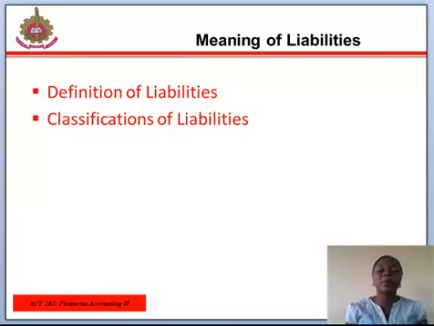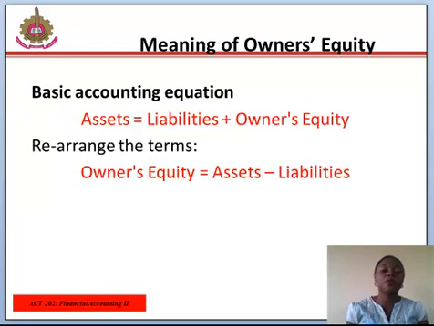Under the current liabilities, these are reasonably expected to be paid off or liquidated within a year, such as accounts payable, interest payable, wage payable, etc. While the long-term liabilities are reasonably expected not to be liquidated or paid off within the span of a single year, such as long-term bonds, notes payable, pension obligation, and so on and so forth.